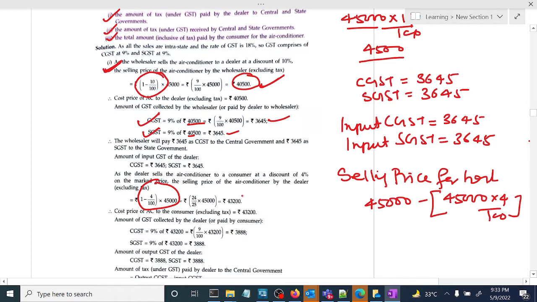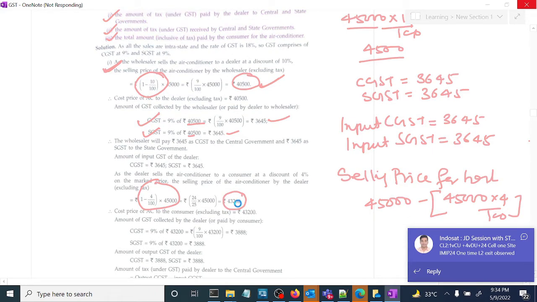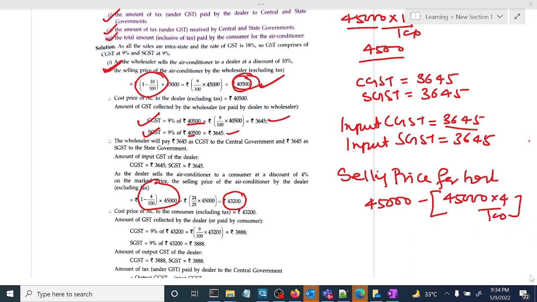So that is 43,200. So actually he bought it for a lower price, that was 40,500. So taxes were lower. Now he's selling it for a bit higher price, so taxes will be a bit more, right? If you see here, taxes are a bit more, because now my selling price is higher.